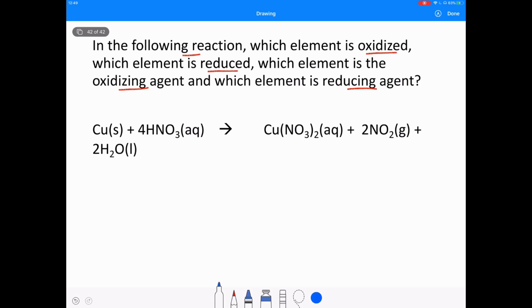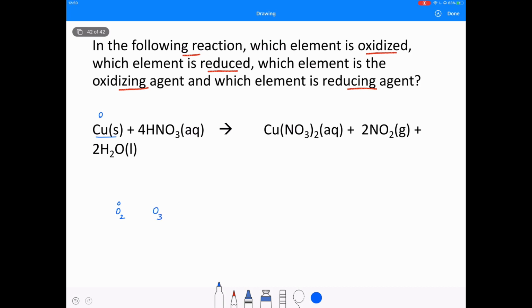Okay, so what would be the oxidation state of copper? The rule says if you have an elemental element, the oxidation state of it will be 0. Suppose you have O2. The oxidation state of oxygen in this compound will be 0. Suppose you have ozone, which is O3.